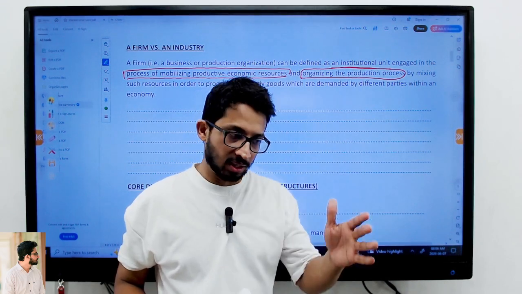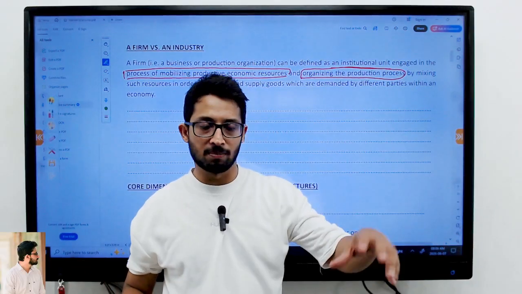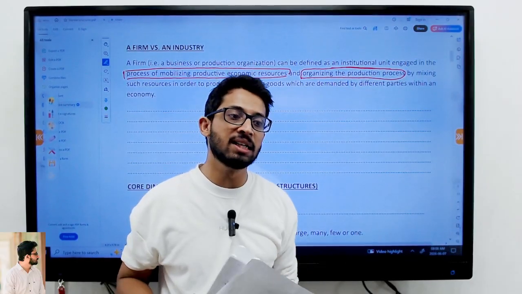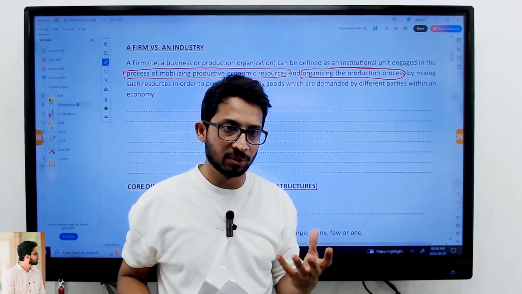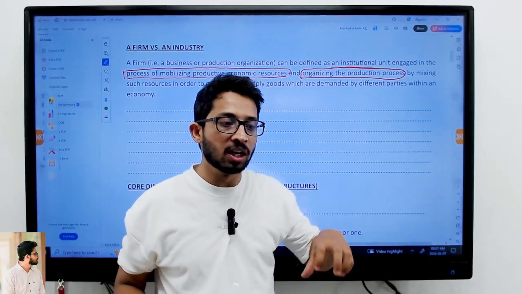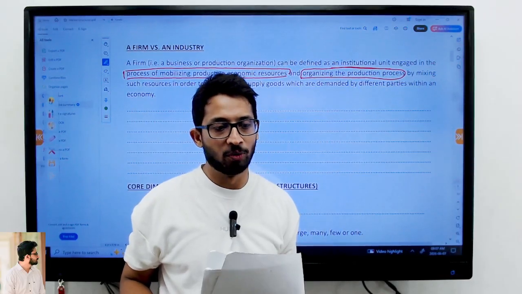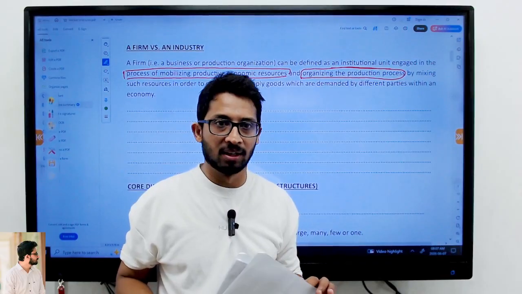If you take all banks, Commercial, Sampath, HNB, all together, that is called the banking industry, or we can say market. Simple idea, Buddha. Market is the collection of all firms producing similar goods, substitutes or close substitutes.